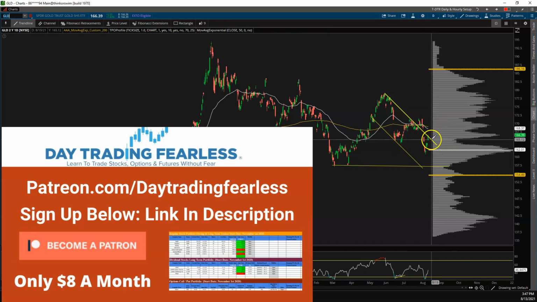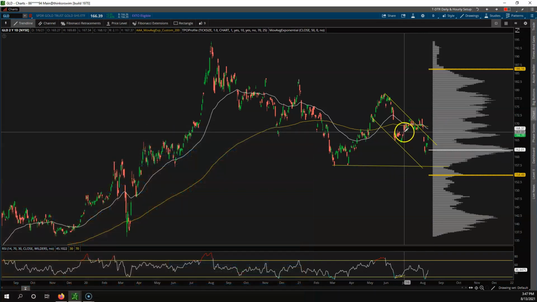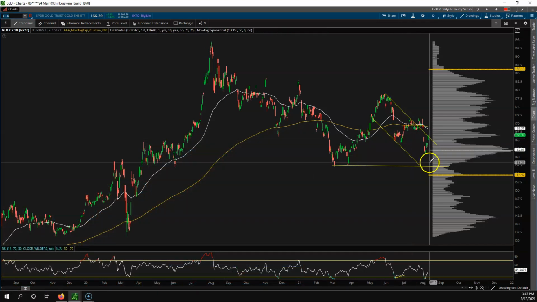I did sell puts in gold last month when we were somewhere around here. I'd say somewhere around here, and guess what? We're coming right back to that level, which is perfect for my puts. We're going to crush it again this month on gold, it looks like, and I think gold could get back up to this 169 level.